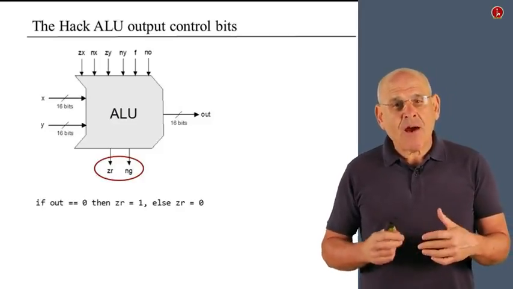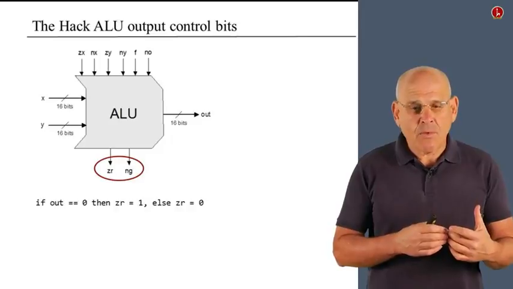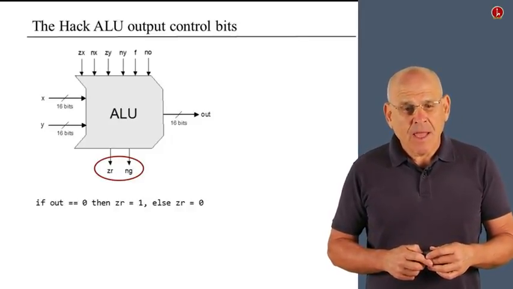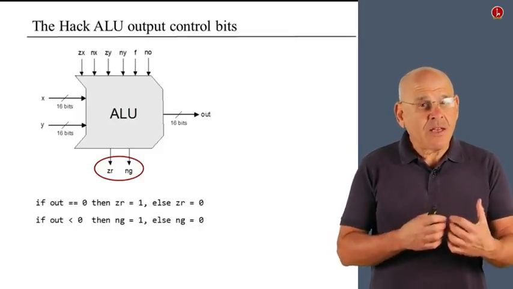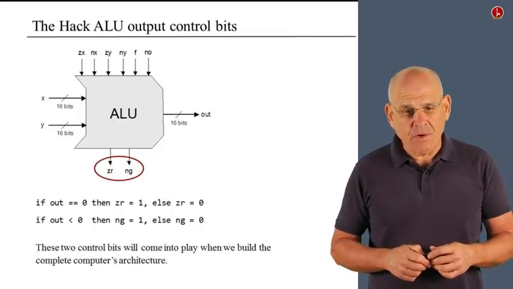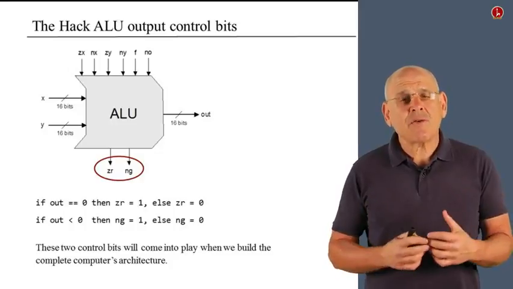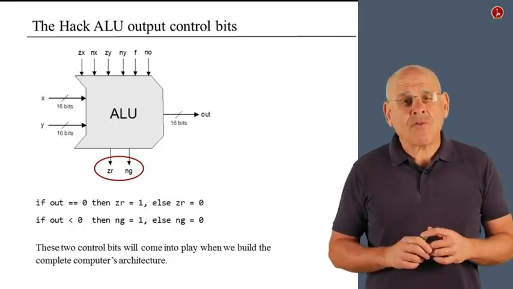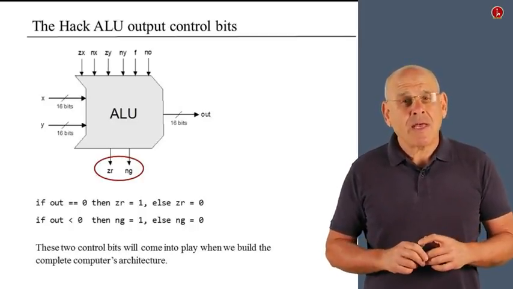Specifically, if out equals 0, the ALU sets ZR to 1, otherwise ZR becomes 0. And if out is negative, then NG equals 1, otherwise NG equals 0. Now, you may ask yourself, why do we need these 2 bits? Well, this will become clear when we put together the overall computer architecture in which these 2 bits play an important role.